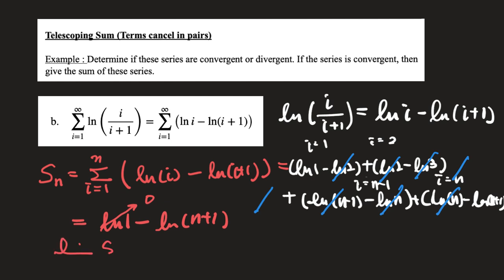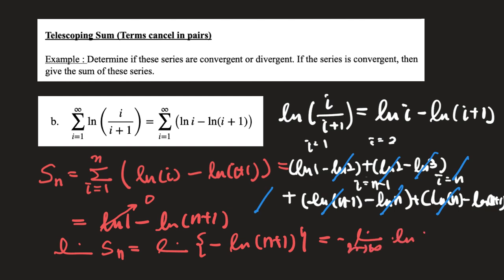So we take the limit of Sn, the limit of negative ln of n plus 1, which is negative the limit as n approaches infinity of ln of n plus 1. Where does the ln function go as n approaches infinity? It goes to infinity, so this is going to be negative infinity. That means this partial sum is divergent. So we're going to say this series is divergent.